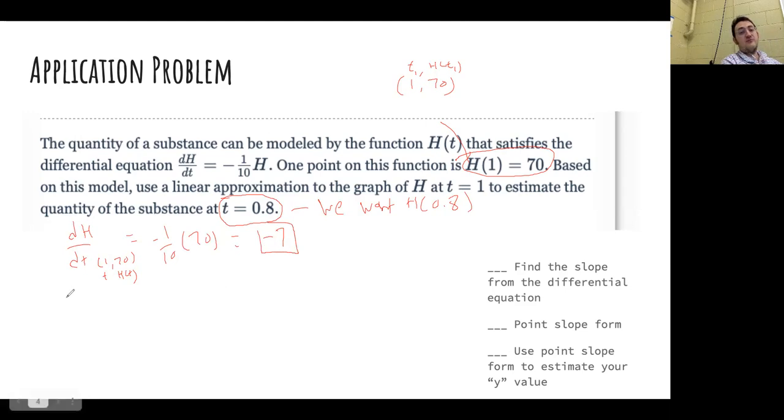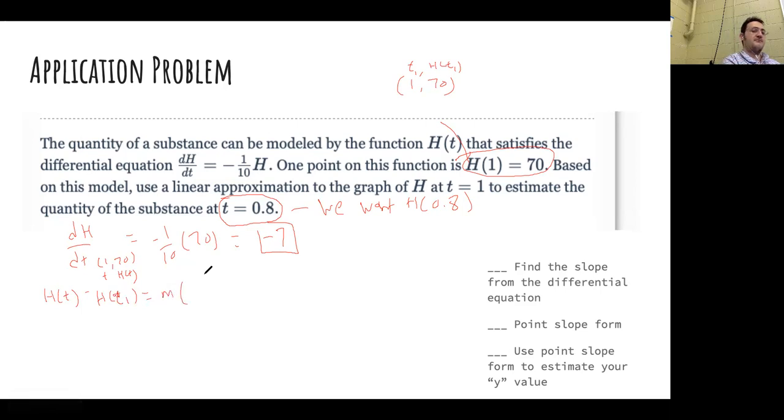All right, then what I'm going to do is I want to be able to find h of 0.8. So one thing that I can do to customize this situation is I could say that I have h of t minus h of t1 equals my slope.